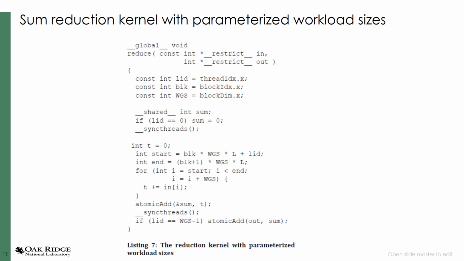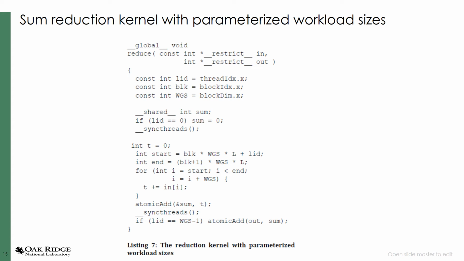As an alternative to vectorized memory access, we may increase the workload assigned to each work item. As shown in listing 7, each work item in a workgroup is assigned the workload of accumulating the numbers read from memory addresses I plus WGS, I plus 2 times WGS, and so on, where I and WGS are the memory address of the first integer accessed by each work item and the workgroup size.